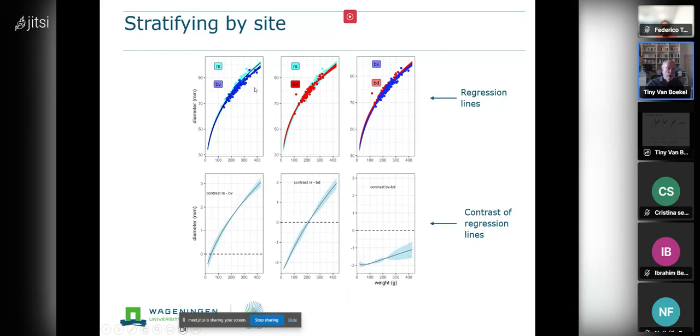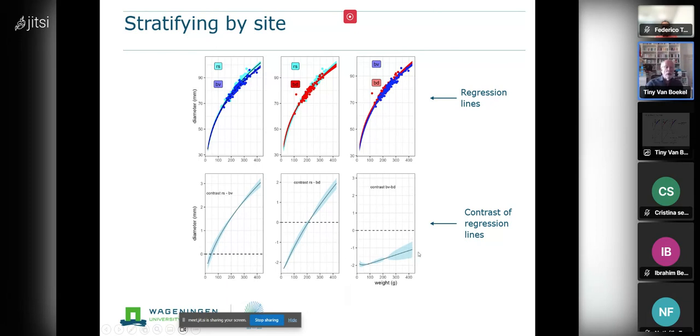And again, you can calculate the differences between the lines, and that is what you see here. And that's again a contrast. And then you see that the contrast is different for these three sides, which is shown here. So the sides are really different in that respect in comparing them.